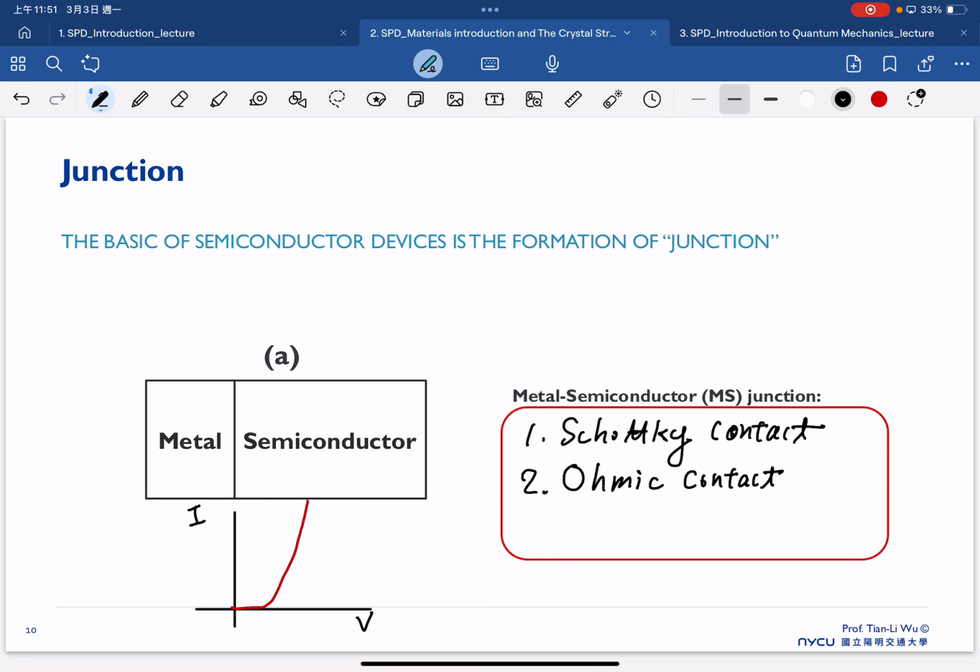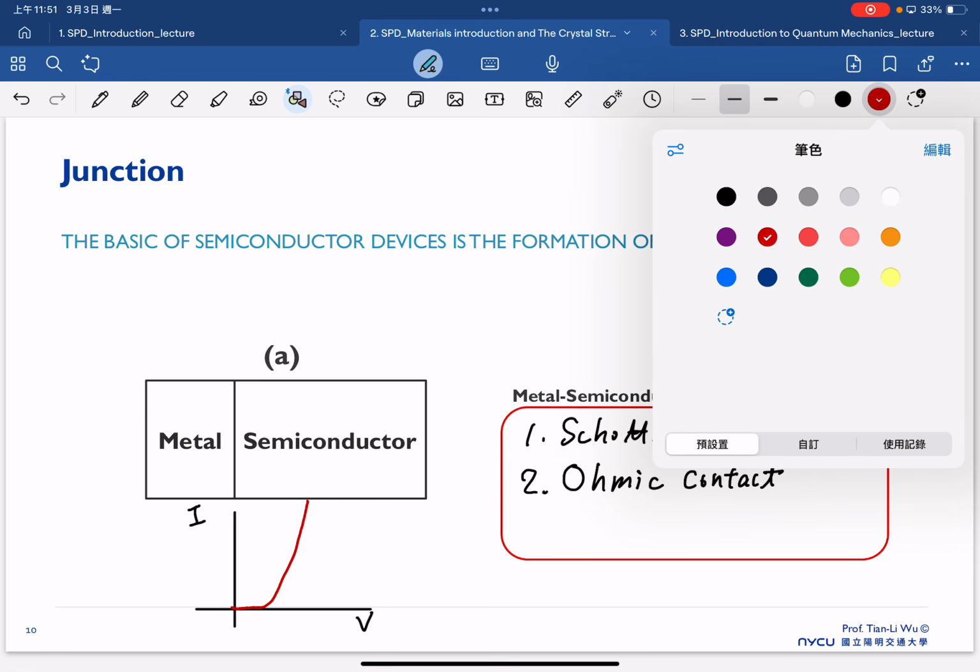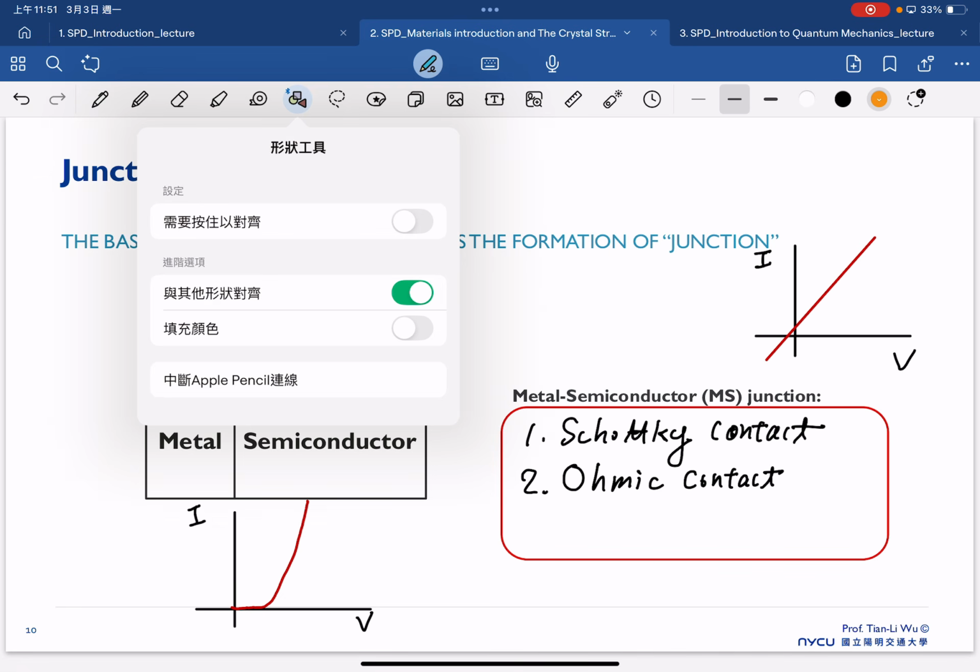So ohmic law basically just illustrates the current versus the voltage, but because of ohmic contact and ohmic law, it's always a straight line starting from the zero here. So then we can have this kind of characteristic, or we can also have this kind of characteristic.